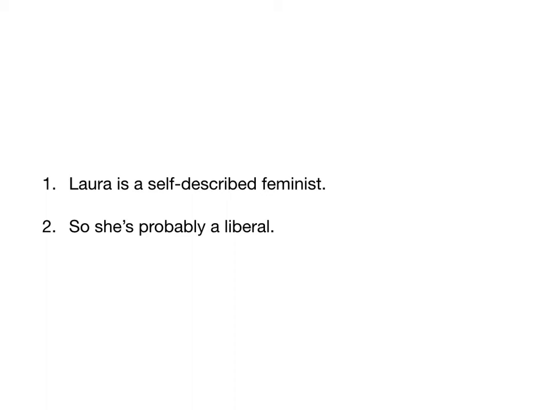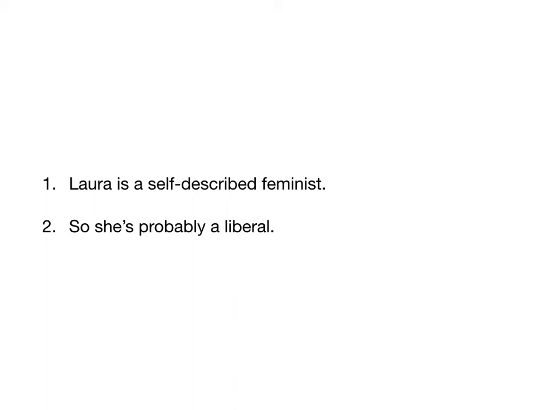Now notice, again, there's a gap here, and I think with this one it should be even more obvious. One tells us she's a feminist, two says she's probably a liberal. Some of you might think, well, if we fall back on our stereotype of feminists or what we think we know about feminists, this might seem like a decent argument. But just look at what's actually written on the slide.